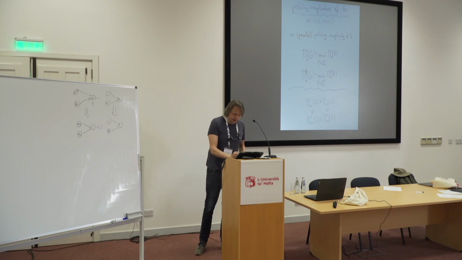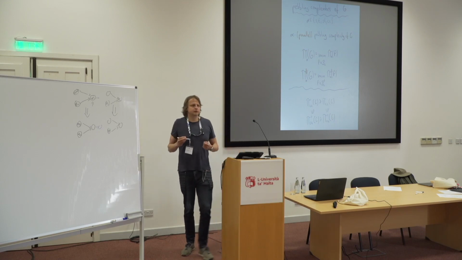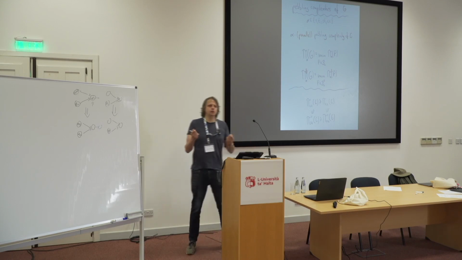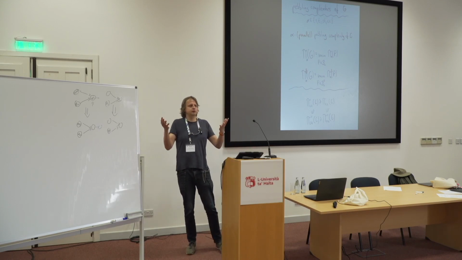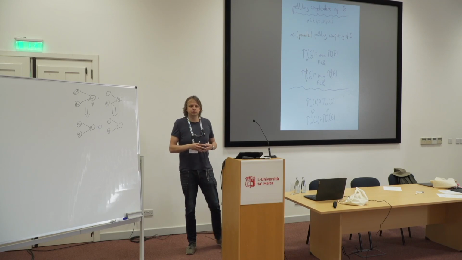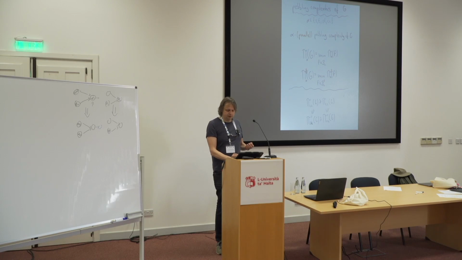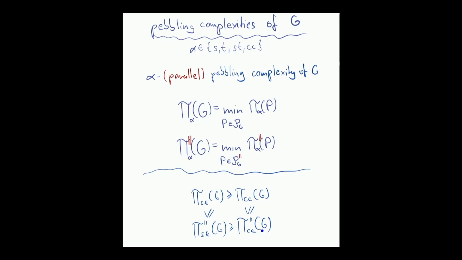Okay. So what are some simple inequalities from these notions? Of course, the set of parallel pebblings is a superset of the sequential pebblings. So this means it can only make the complexity lower, because whenever you can do something sequentially, you can do exactly the same pebbling in parallel, but not vice versa. So the pebbling complexity for space-time, or for cumulative pebbling, is always going to be less than the sequential counterpart.